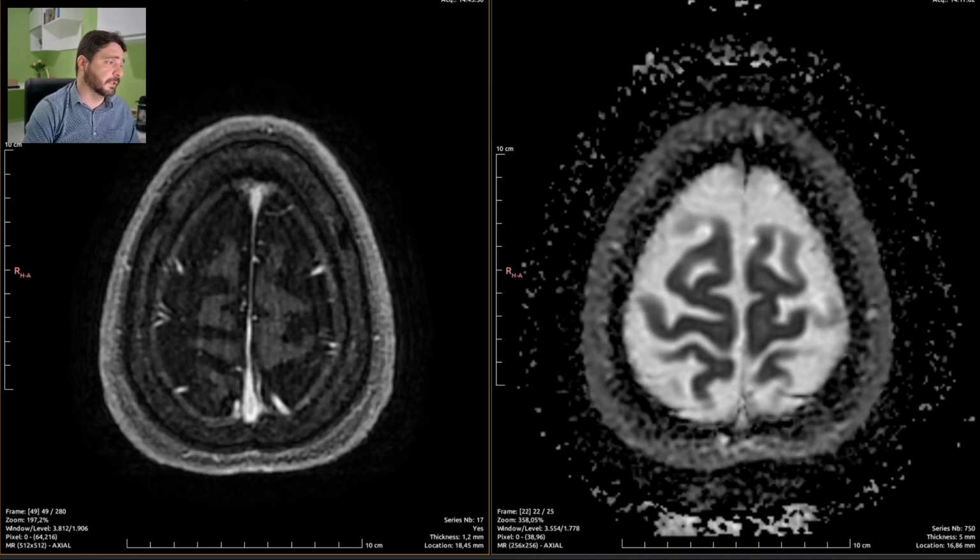Malacic gliosis area has been reported. Now I'm going to say there is widening of the cisterns and sulci all over the place, especially supratentorial. And there is also dilatation, widening of the lateral and the third ventricles.